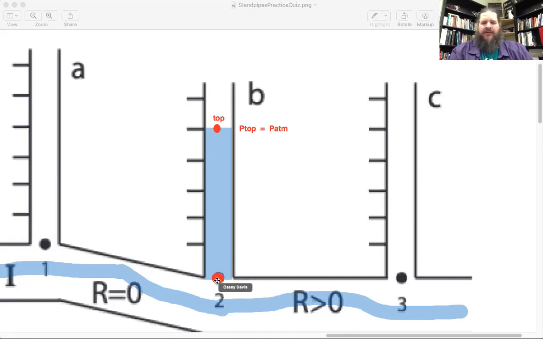And do we know anything about the pressure at the bottom of the standpipe? That one's not really known, right? I mean, we might be able to relate it to pressure 1 or pressure 3 based on writing Bernoulli equations within it. Yeah, presumably it is going to be a higher pressure than the pressure at the top. Because if we're comparing top and bottom, as you move down, what type of energy density is changing?